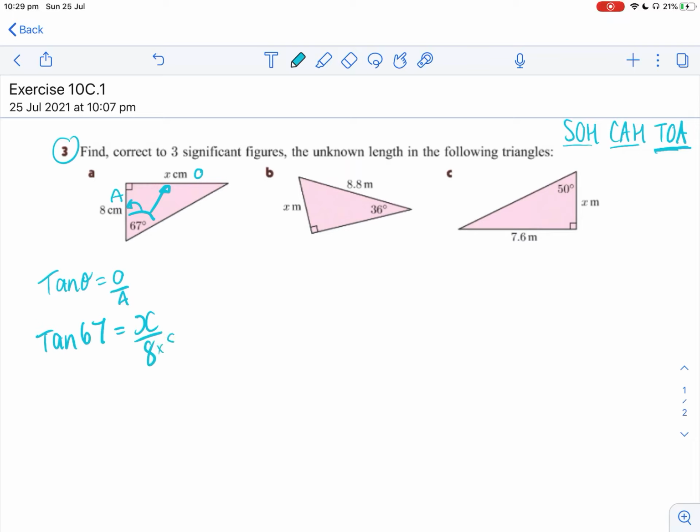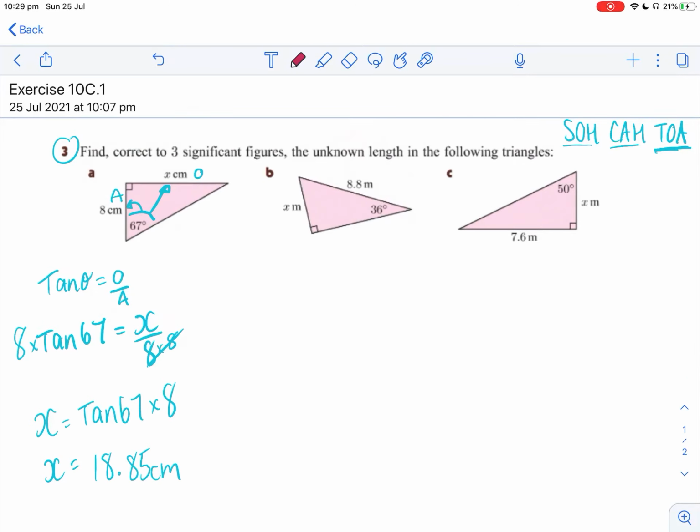I'm going to cancel out the 8, so go times by 8 on both sides. X is tan 67 times by 8, which gives me a value of 18.85 centimeters. So that's 3A done.